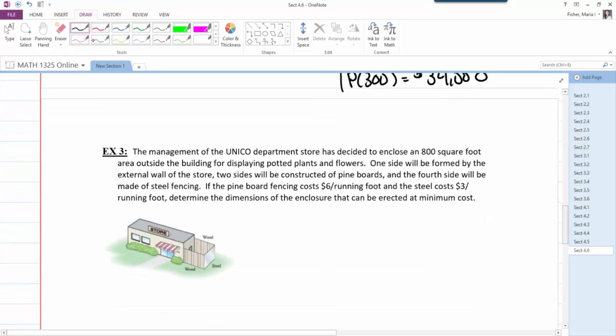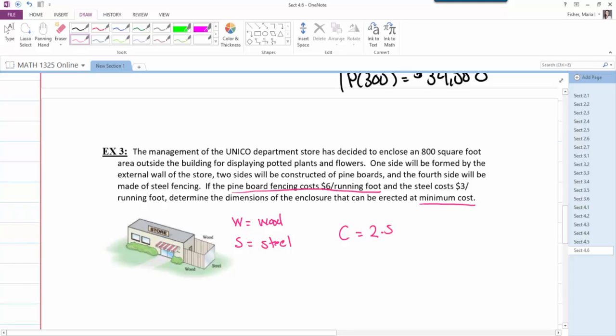So we need to minimize our cost. Well, since what we're looking at is this area right here, we're going to say that W is equal to wood and that S is equal to steel. Now, if I'm going to minimize my cost, the cost of creating this is going to be, I have two sides made of wood, and I know that the wood or the pine board costs $6 a running foot.